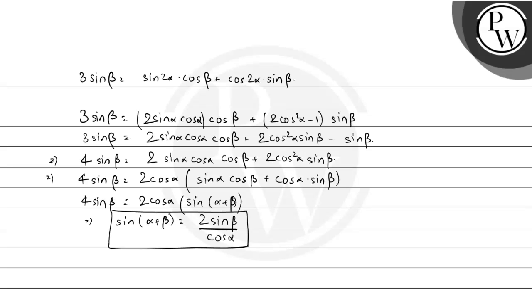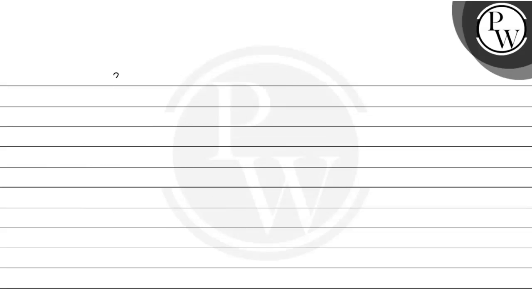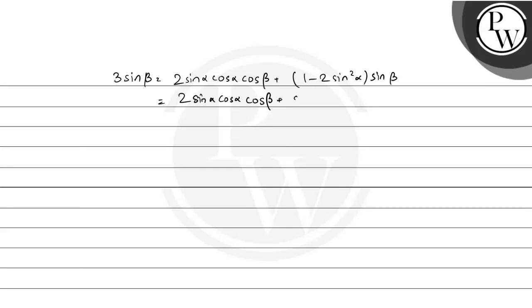Using 1 minus 2 sine square alpha in place of that, we'll obtain 3 times sine beta is equal to 2 times sine alpha cos beta plus 1 minus 2 sine square alpha times sine beta. And this becomes 2 sine alpha cos beta plus sine beta minus 2 sine square alpha sine beta.